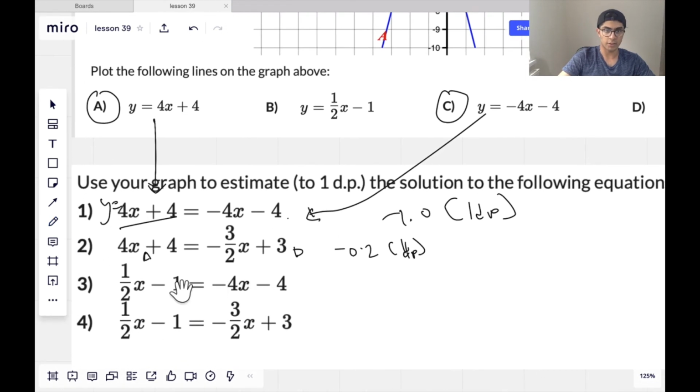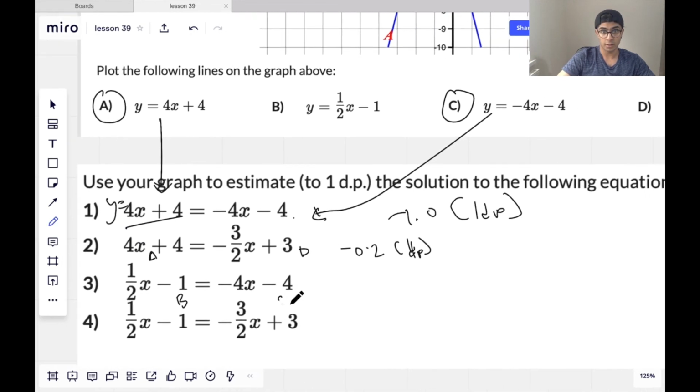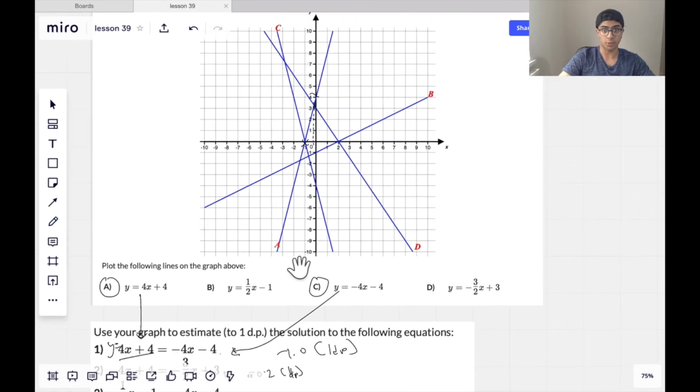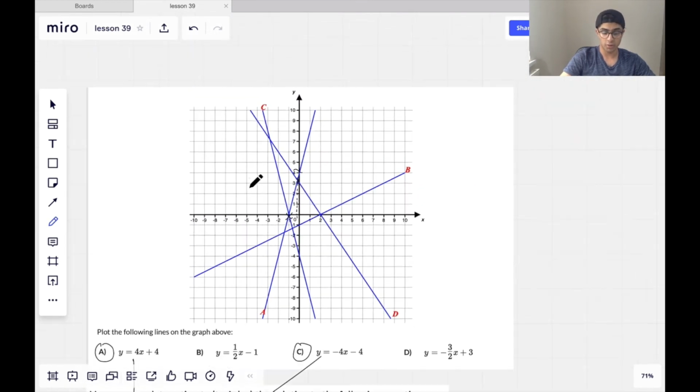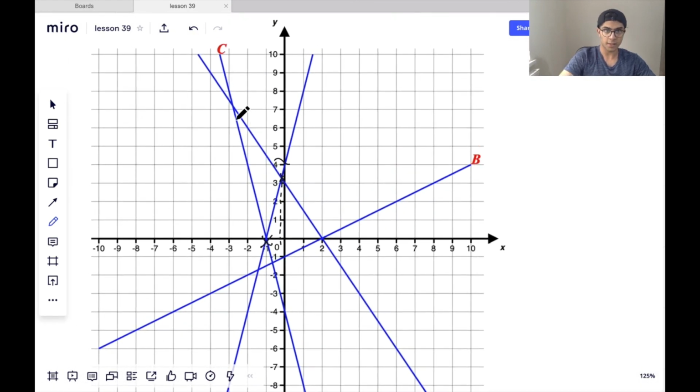And then this is line B and line C. So I'll zoom into the graph, and if you can take a minute to pause the video and try this out yourself. So it's zoomed in. So this is line C, this one. This is line B, where's the intersection, and then to find a solution.